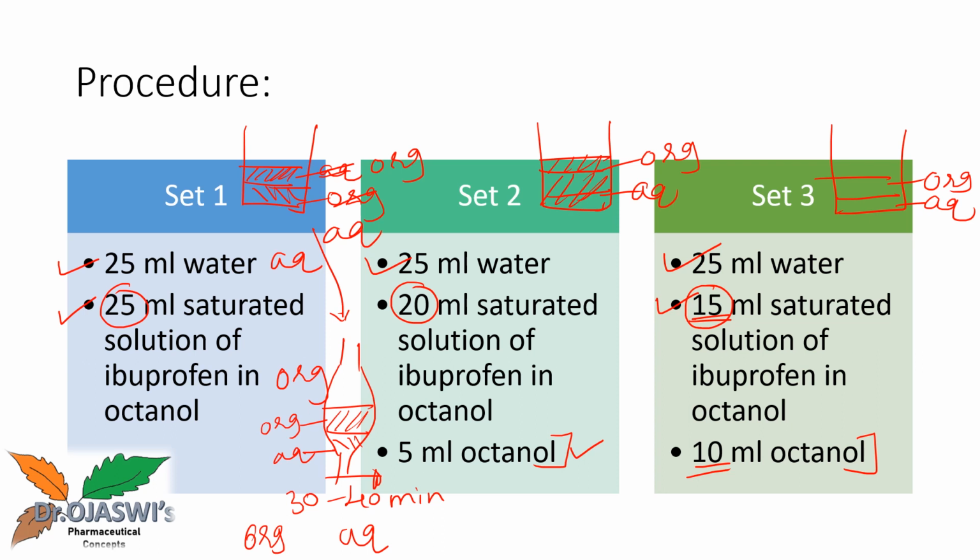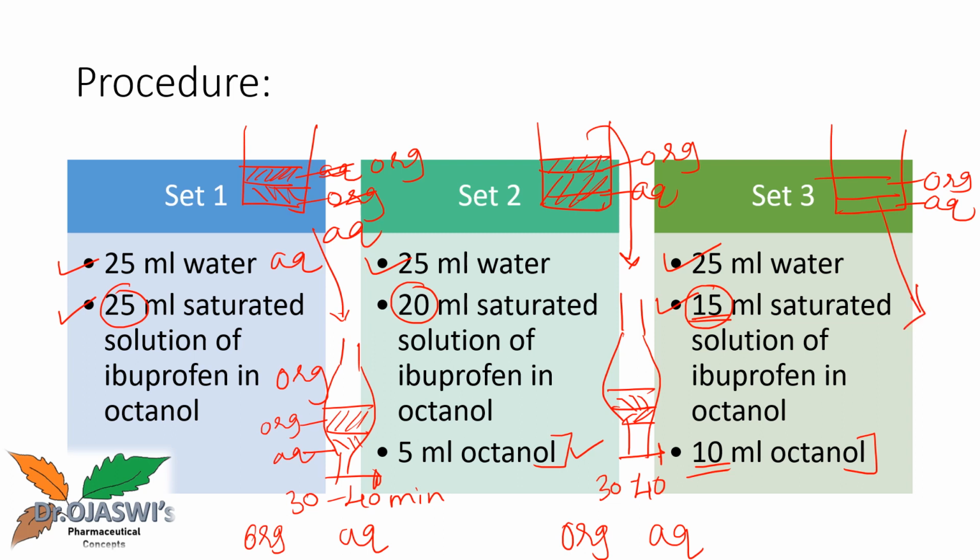In the same way, the set 2 content will be poured into another separating funnel, shaken for 30 to 40 minutes, and the layers separated. The same is done for set 3.